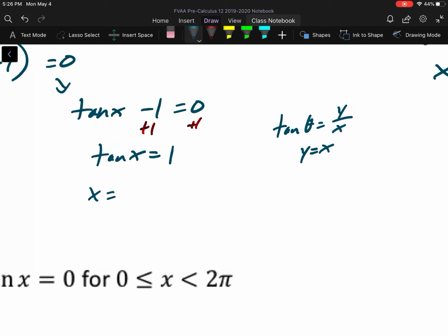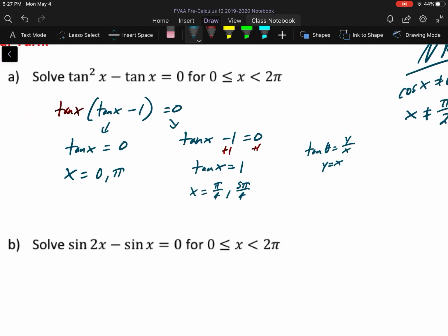So this happens at pi over 4, and in the third quadrant, 5 pi over 4. And these would be the only 4 solutions inside of my domain. So that would be my final answer.